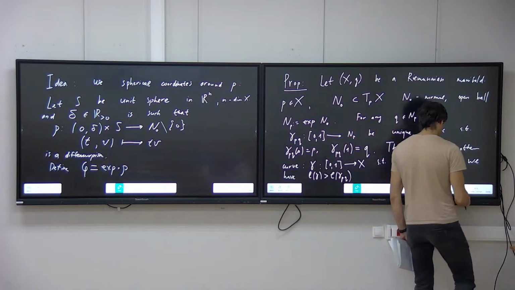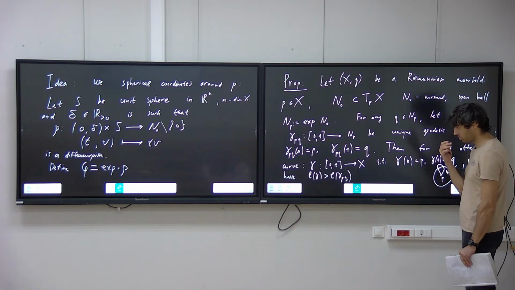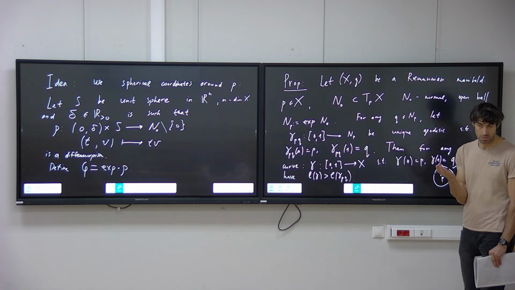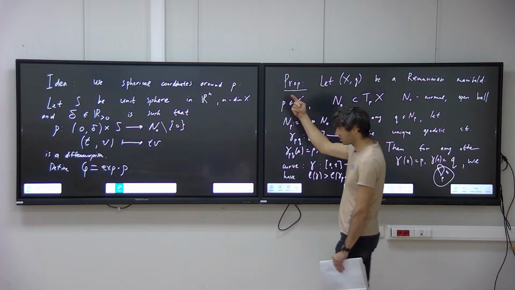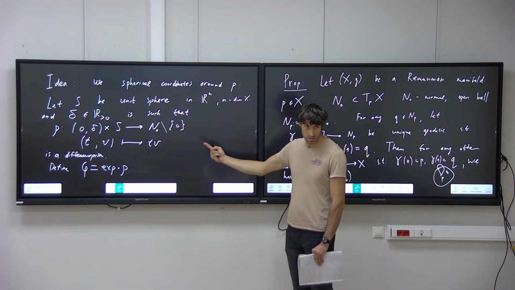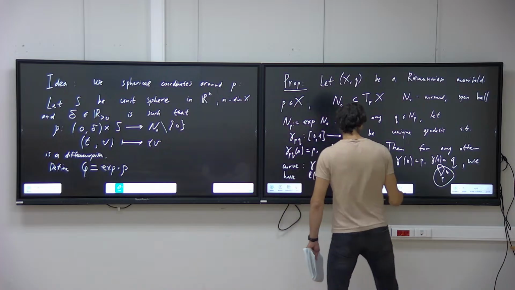We are going to work with length. Length is given by g, which is a section of something. So we actually need to compute this g in spherical coordinates.